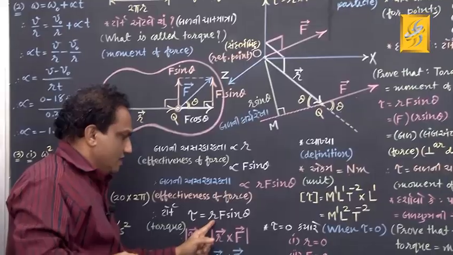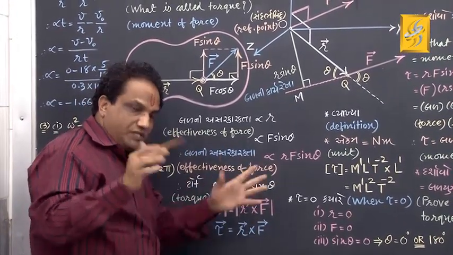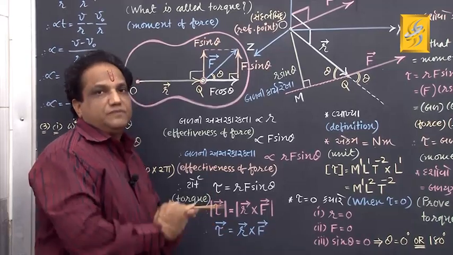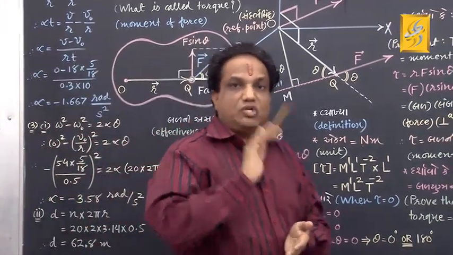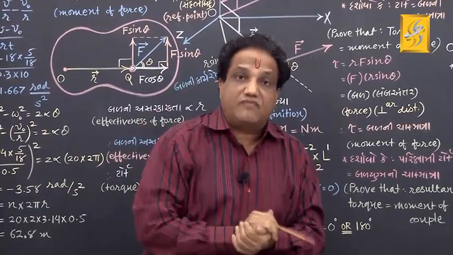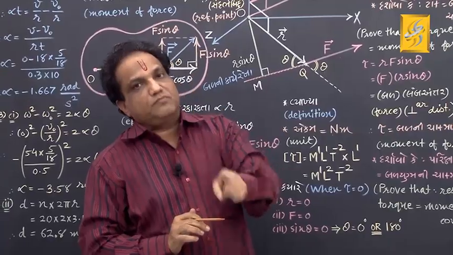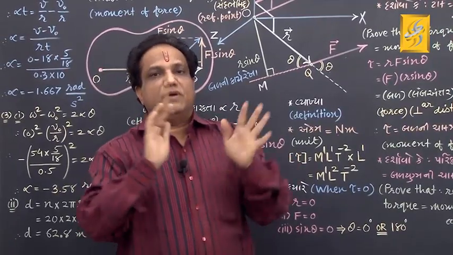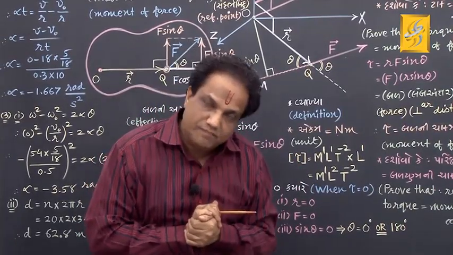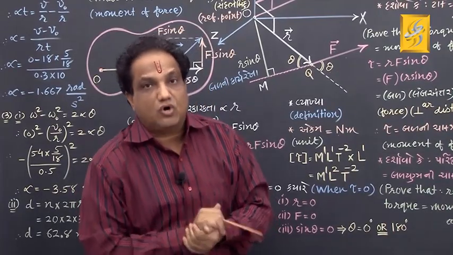If either r or theta or both are changing, then this product will change, and torque will change. So whenever you mention a torque value, you must say with respect to which reference point this much is the torque. The reference point must be mentioned along with the torque.